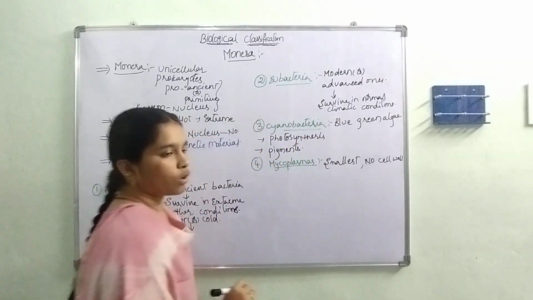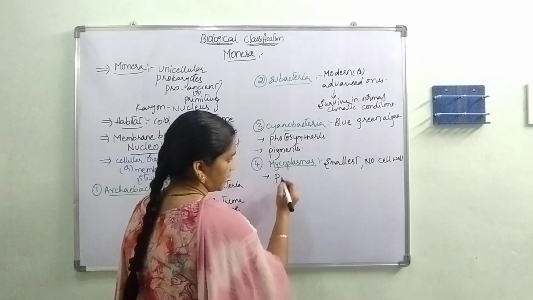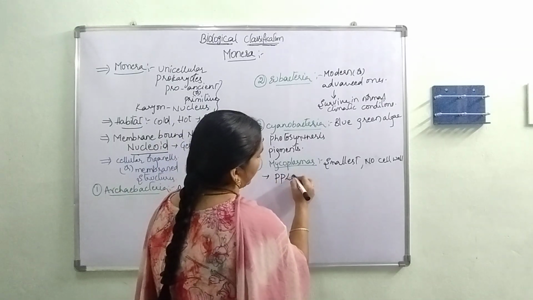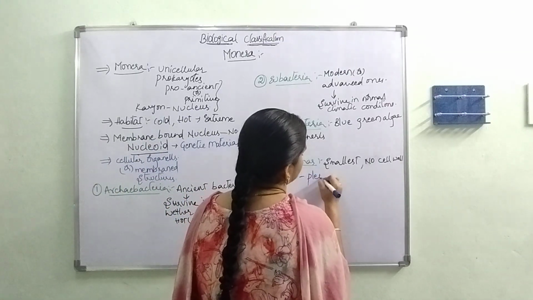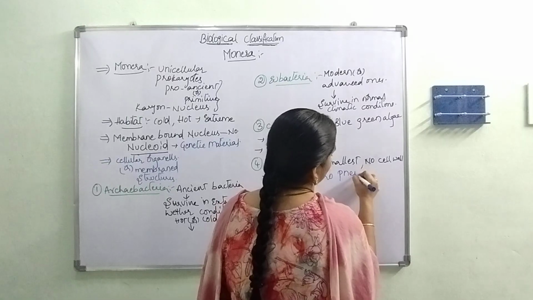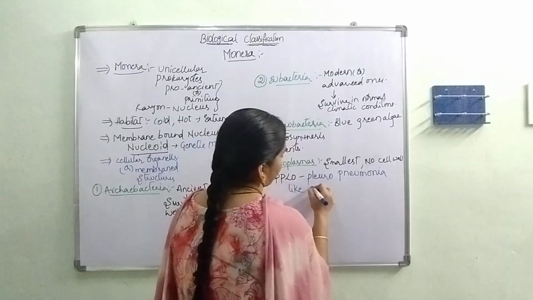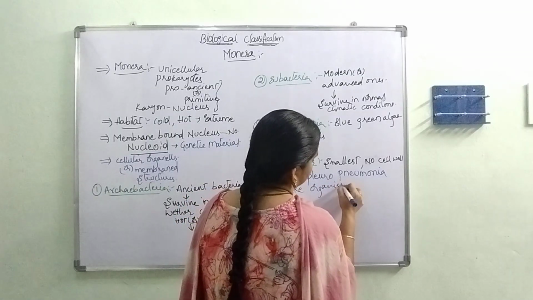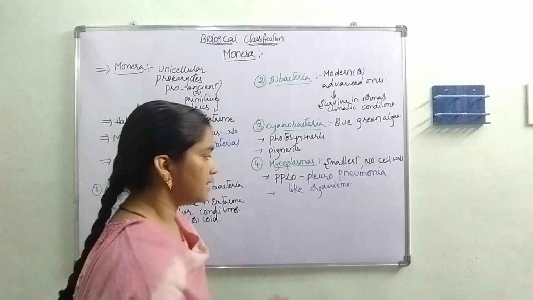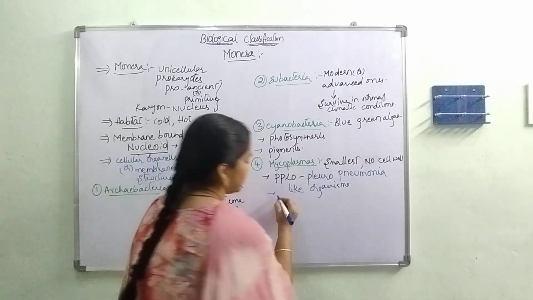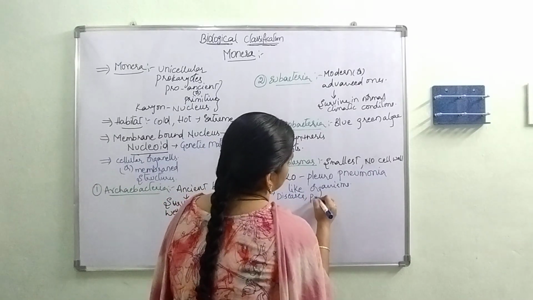They can be called PPLO, that is pleuropneumonia like organisms. They can be pathogenic, that is, they can cause diseases.